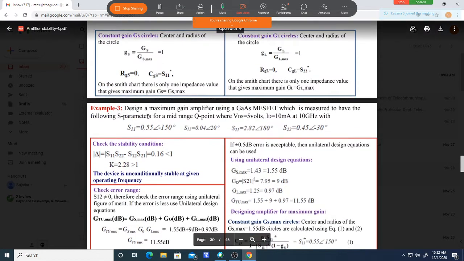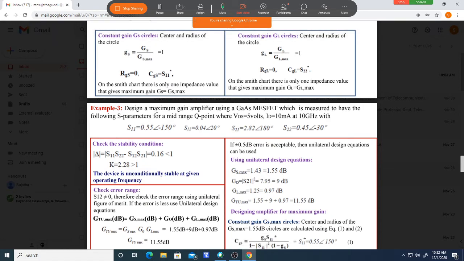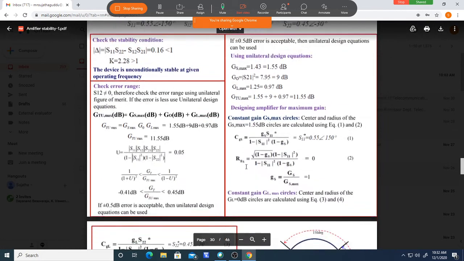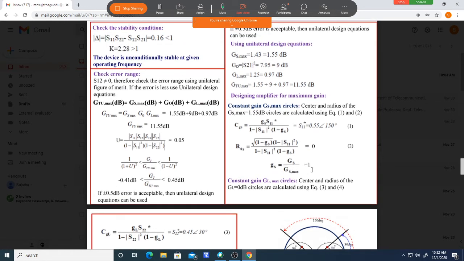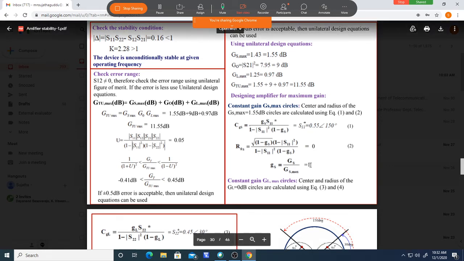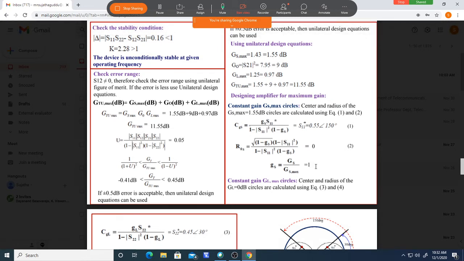So for the maximum gain amplifier design, the normalized gain is equal to 1. Now if you calculate the center and radius using this value to draw the constant gain circle, because the required gain itself is equal to GS maximum, the ratio becomes 1.